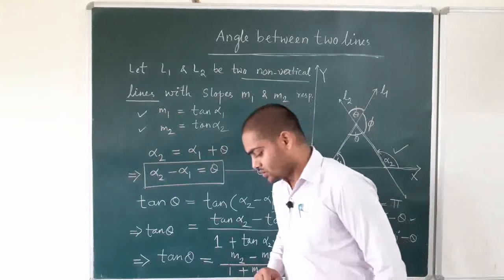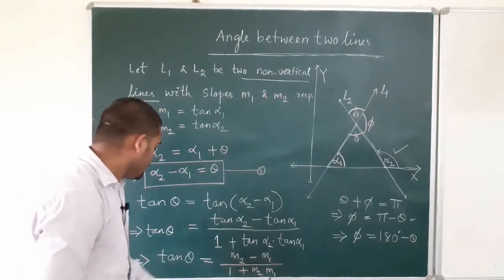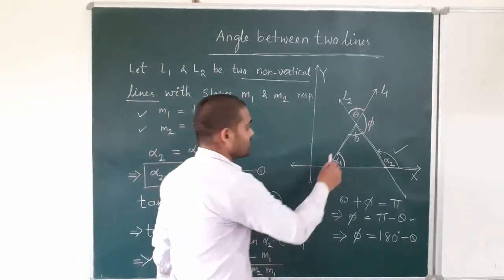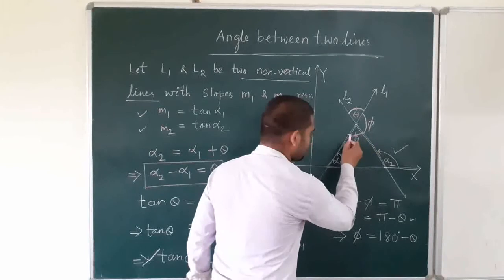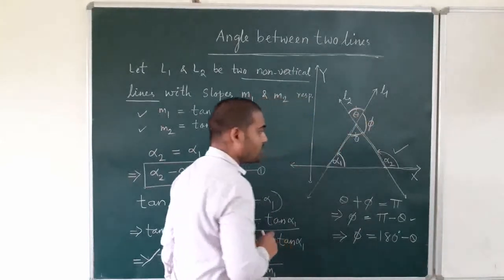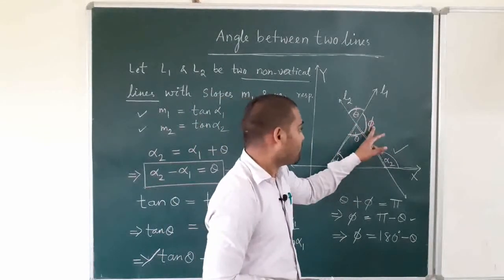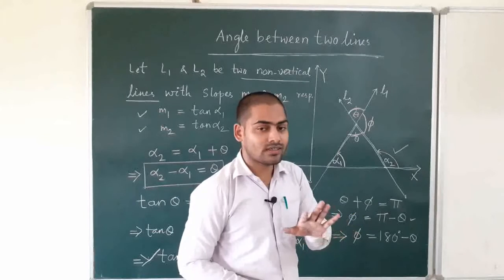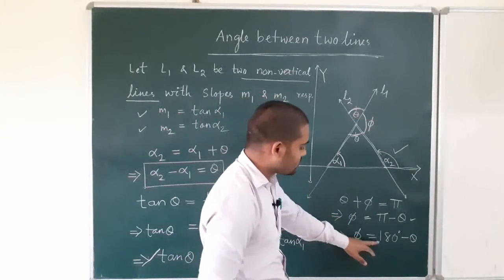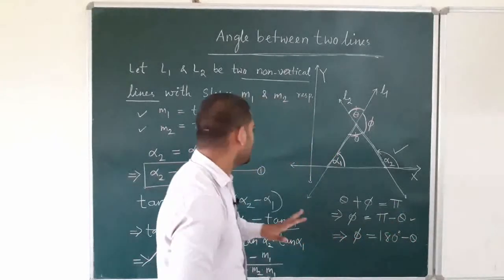Okay, so you get this much. The angle between the lines L1 and L2 is theta as well as phi. And phi is equal to 180 degrees minus theta.